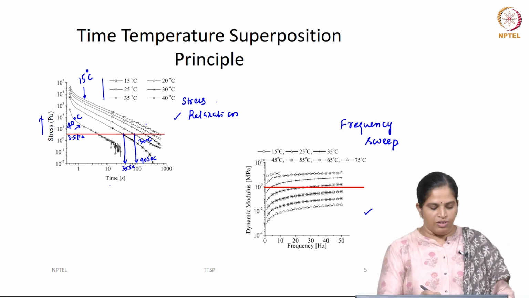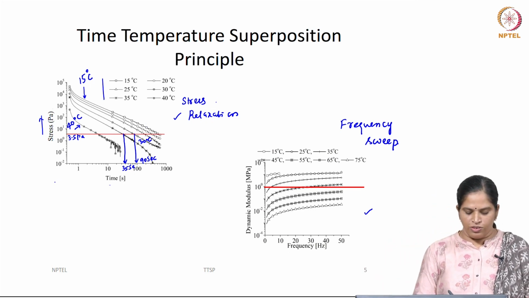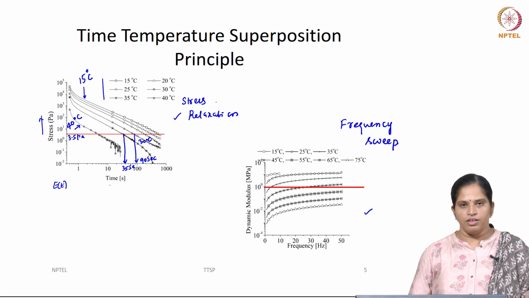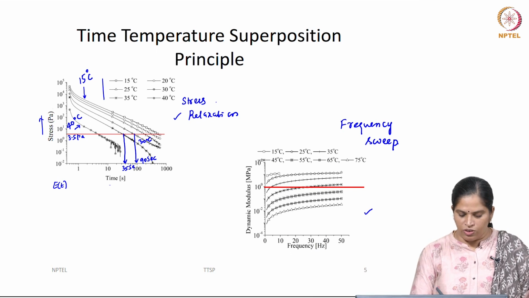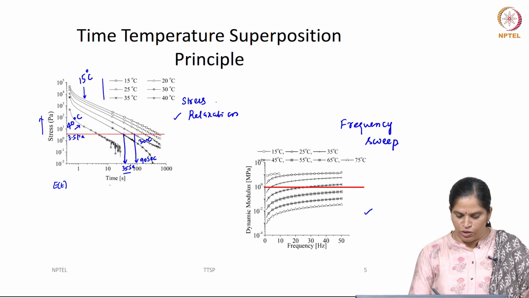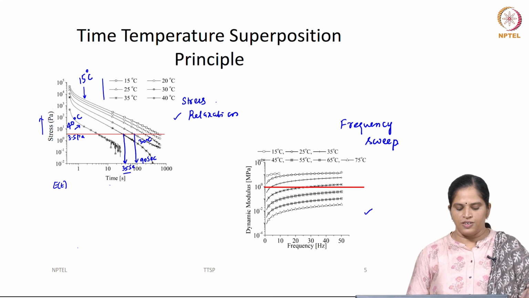So, the stress value here, or in other terms you can also equate it to equivalent modulus values, the relaxation modulus. So, the relaxation modulus is constant at the time 35 seconds when you measure it at 40 degrees Celsius, or at 30 degrees Celsius if you measure it, it is at 90 seconds.